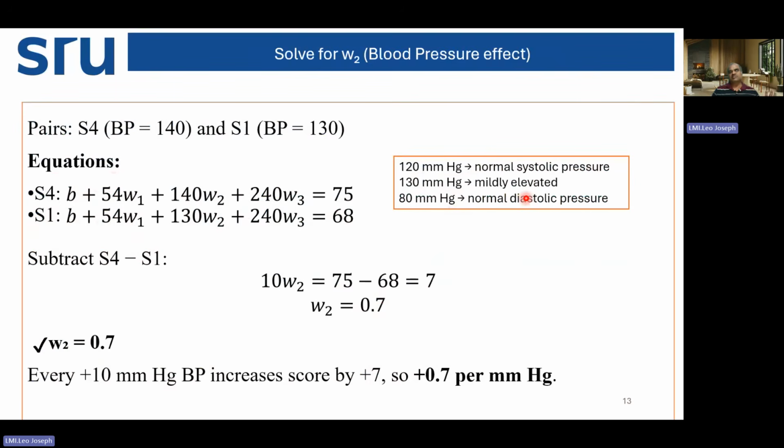These are medical terms. Before understanding, you have to work on the medical terms first. Then that will be easy for you. So what is the prediction? If the blood pressure increases by 10 mm, the risk score will increase by 7. This is the working portion, based on the assumption. This is how it is estimating.